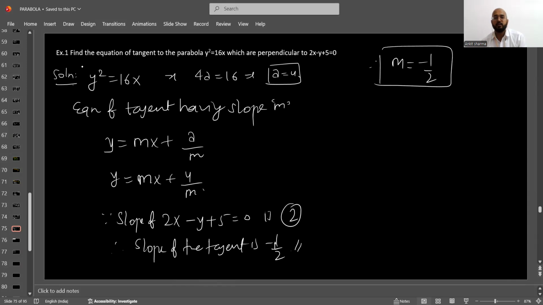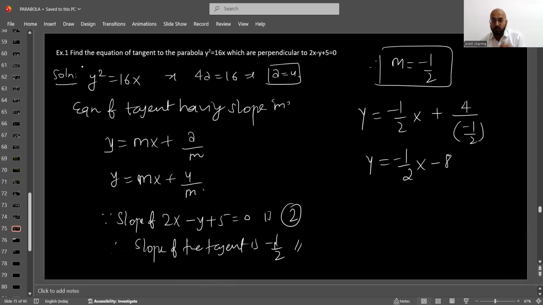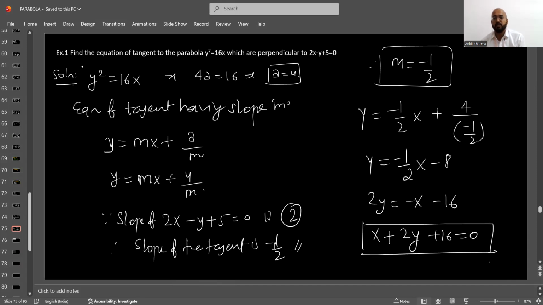We can directly plug in here. So y is equal to minus 1 by 2 x plus 4 over minus 1 by 2. So this gives me y is equal to minus 1 by 2 x minus 8. So I'm going to have here 2y is equal to minus x minus 16. Take it here, so x plus 2y plus 16 is equal to 0. This is the required equation.